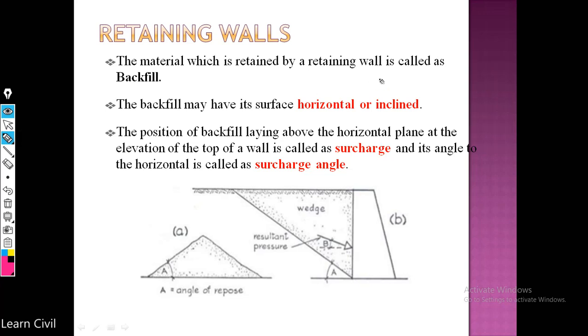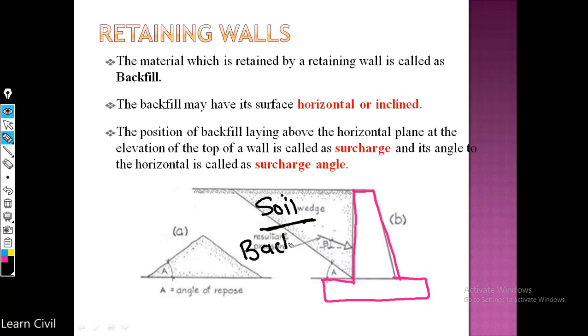Now what are the different terms related with these retaining walls? Let us consider this is a retaining wall constructed here. Whatever the soil mass which is retained by this particular retaining wall will be called a backfill.